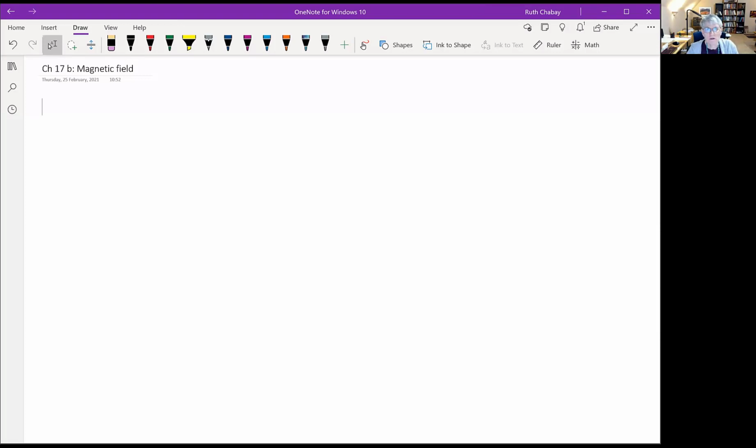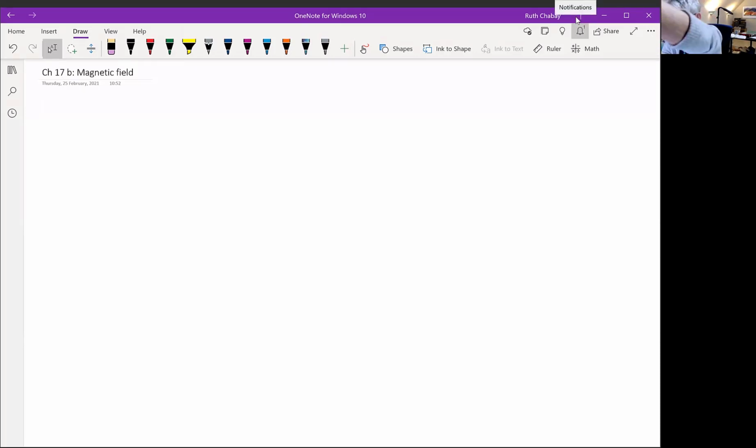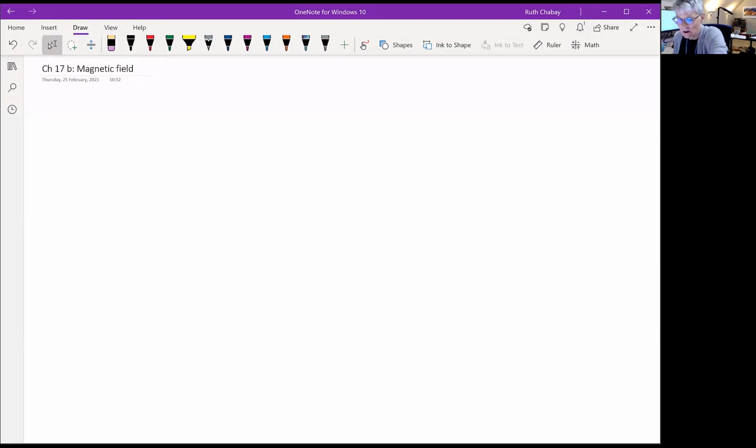And that equation is important enough that you actually do have to memorize it. And it looks like this.